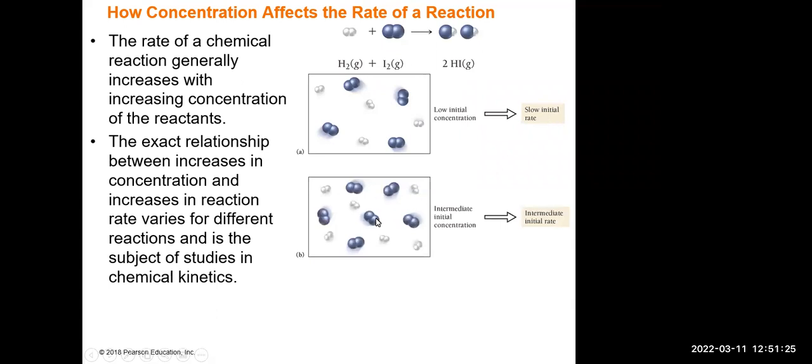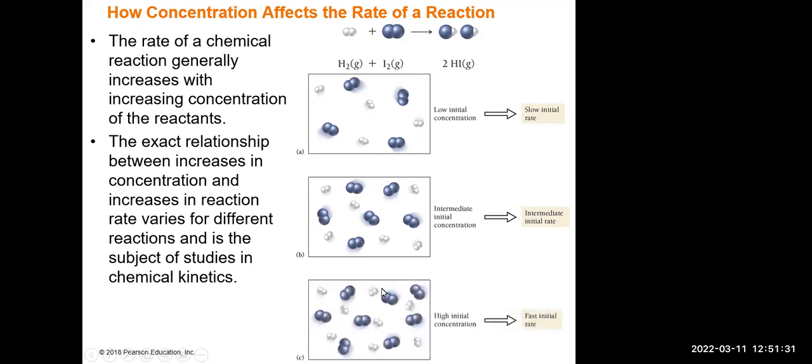If we increase the concentration of the reactant, we can see the reaction rate increases, and then we see intermediate concentration and high concentration.